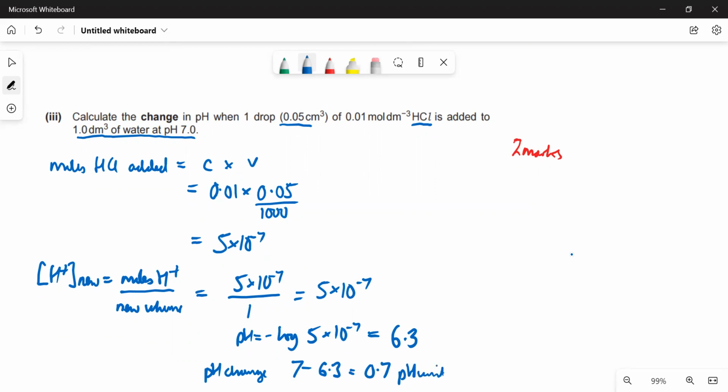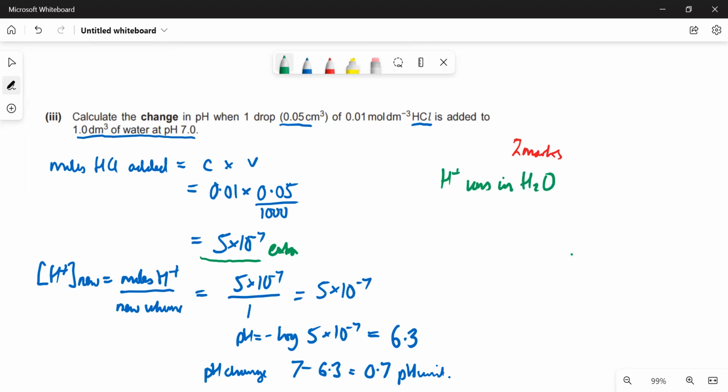Right, that is actually quite a bit wrong. The key to this is that's a very small number of extra hydrogen ions. I'm going to call them extra because we've already got some hydrogen ions in the water, H+ ions in the H2O. Normally we ignore that because it's tiny.